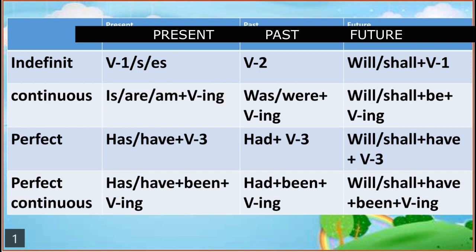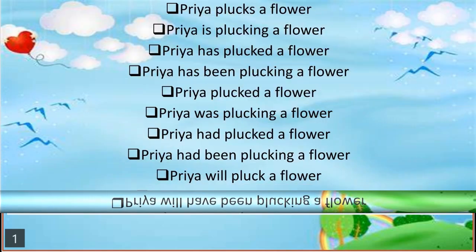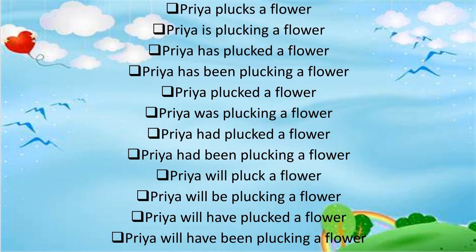And in future tense, future indefinite, will or shall plus first form of the verb; future continuous, will or shall plus be plus ing form of the verb; and in future perfect, will or shall have plus third form of the verb; future perfect continuous, will or shall plus have plus been plus ing form of the verb. So, with these given rules, we can change a given sentence into all the 12 forms of active voice like this.